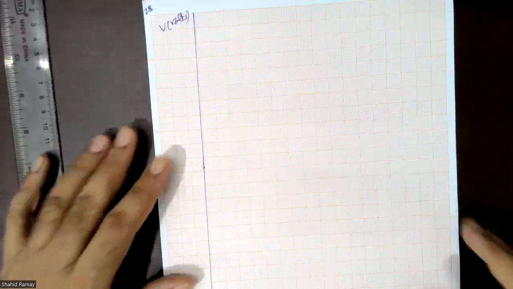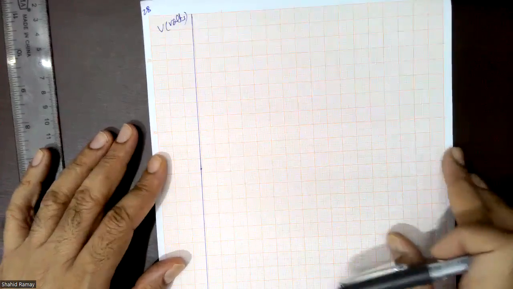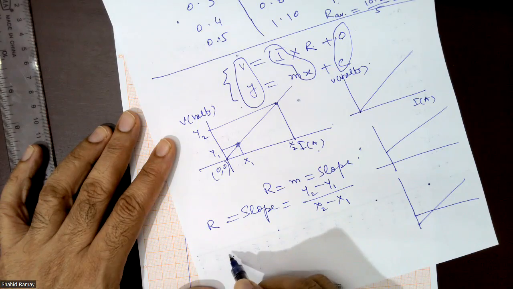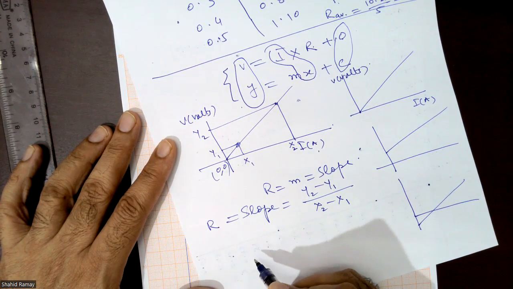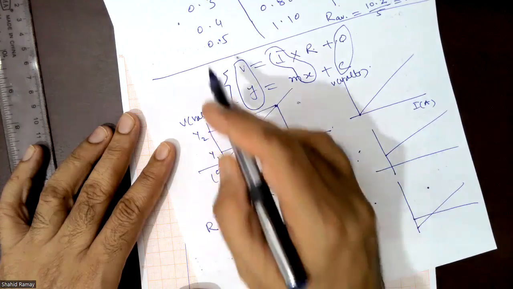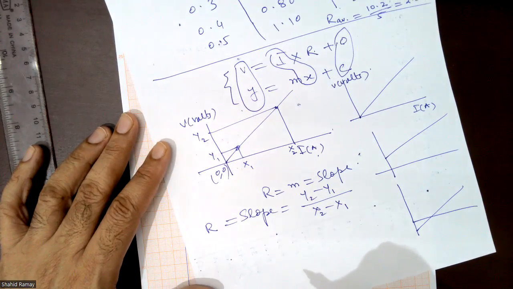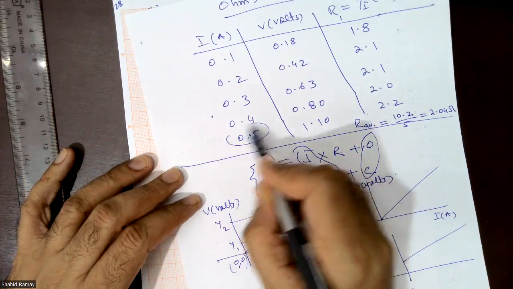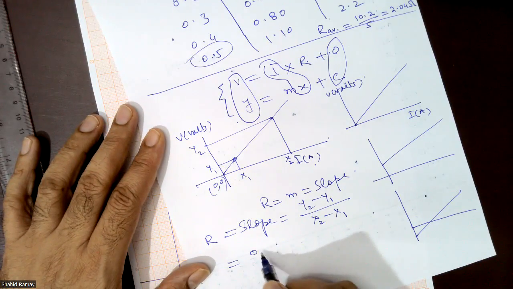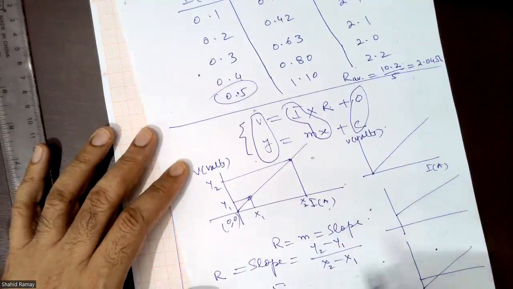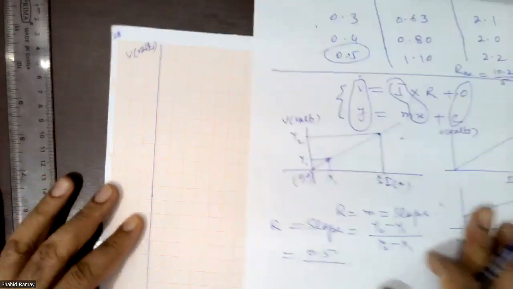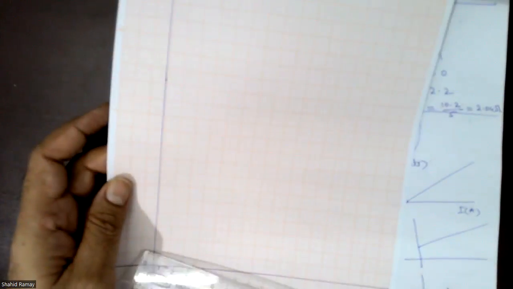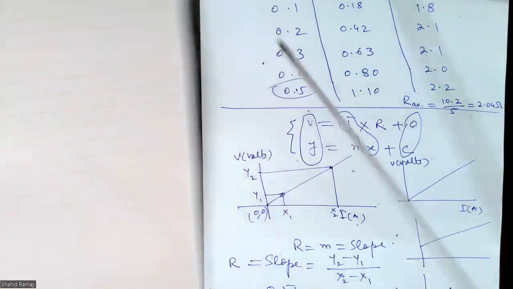So what we will do? We will use one formula. The formula is the maximum value of the data divided by the number of squares along the axis. So x-axis is our current. The maximum value of current is 0.5. So 0.5 divided by how many squares along x-axis, which we have measured, and again you can see that this is around 17.